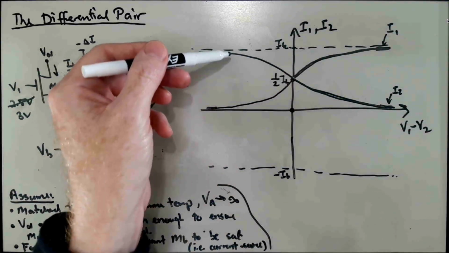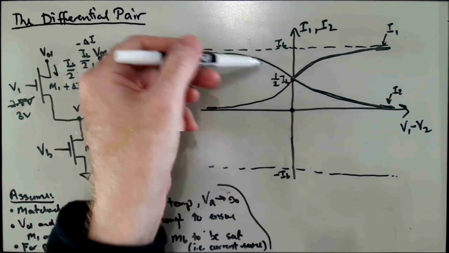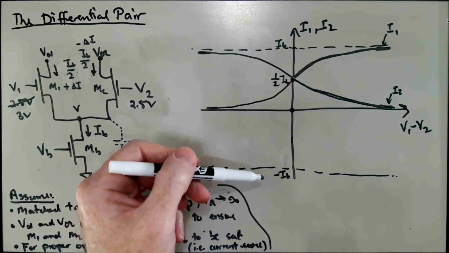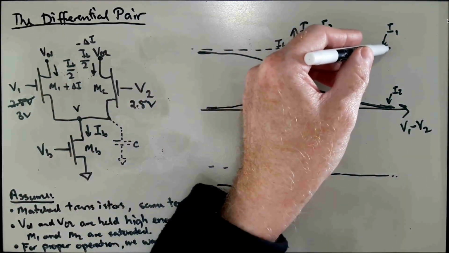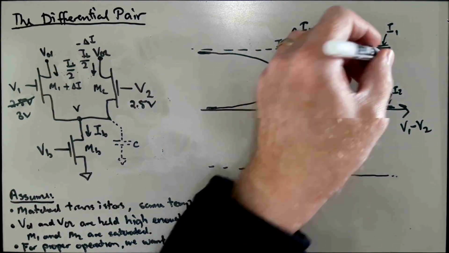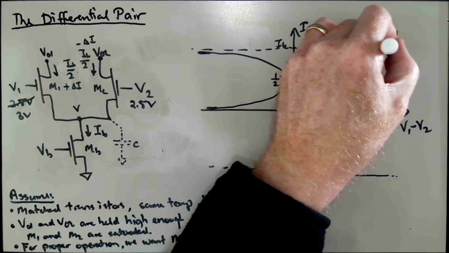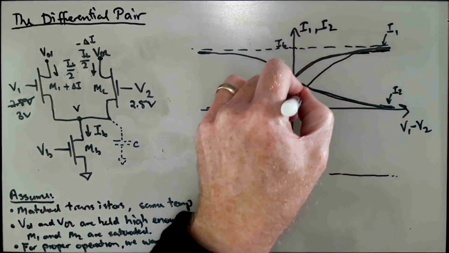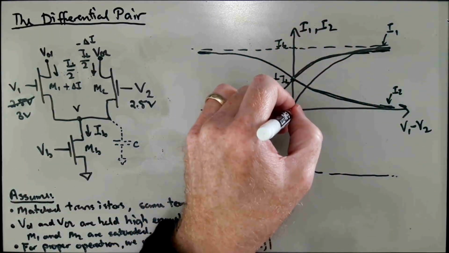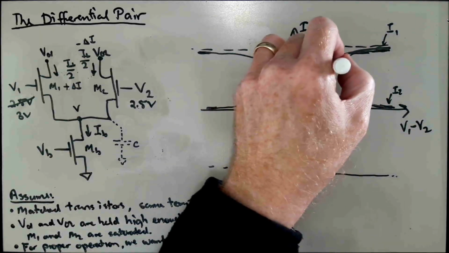And so what we need to do is basically flip the I2 curve down and then add the two curves. So when I1 is practically IB and I2 is 0, the difference is going to be basically following I1. When the two are equal, we're going to get something like this.